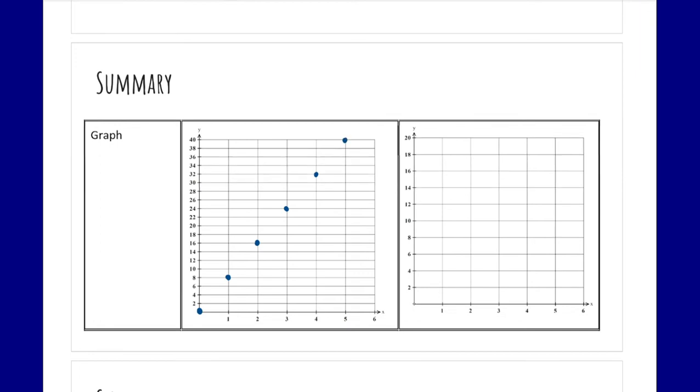For the apple trees, 0, 1, 4, 9, 16. I can't really even do 25. So if we connect these with the line, we can see the difference between the two. Hopefully we can clearly see which one is linear and which one is not.